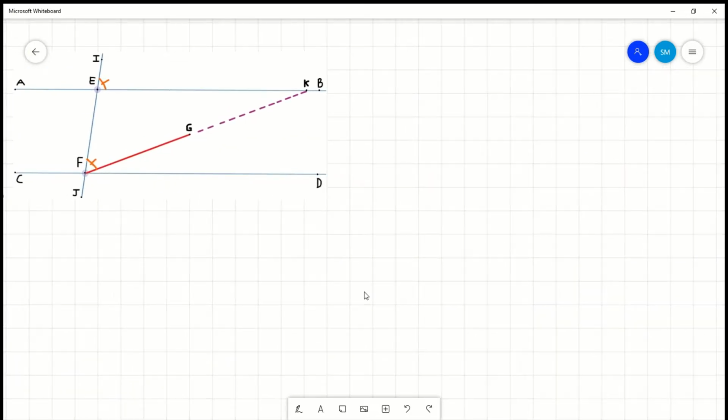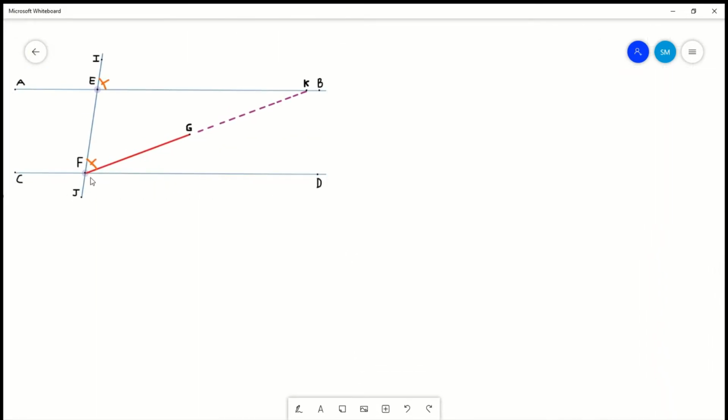Okay, so over here I drew the ray FG. Not really a ray, it's a line segment FG, such that angle EFG is equal to angle IEB.